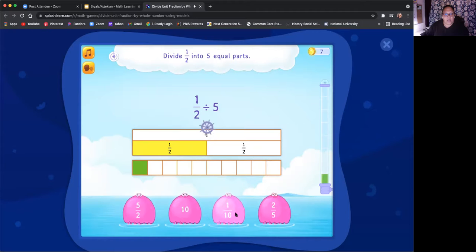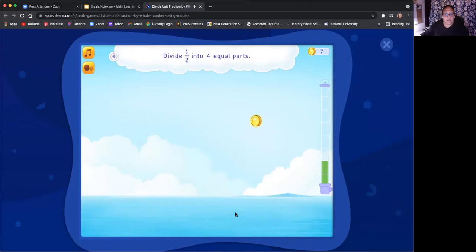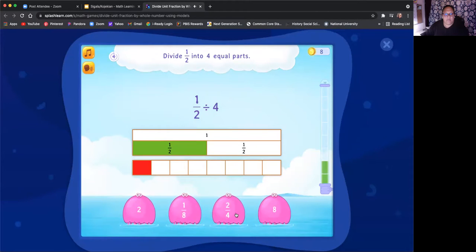So I have 1/10. 1, 2, 3, 4. But I have 8 total pieces here and 1 that's only shaded. I have 1/8.